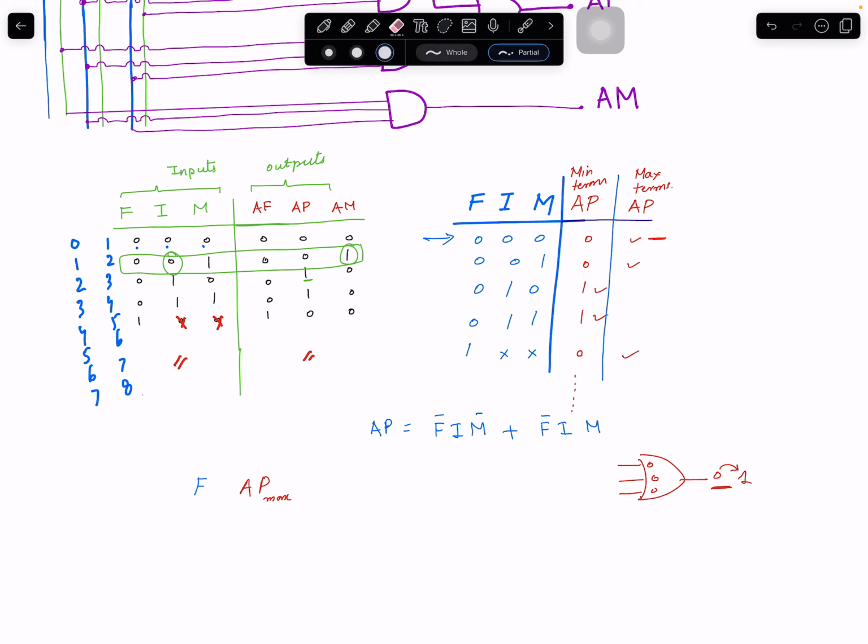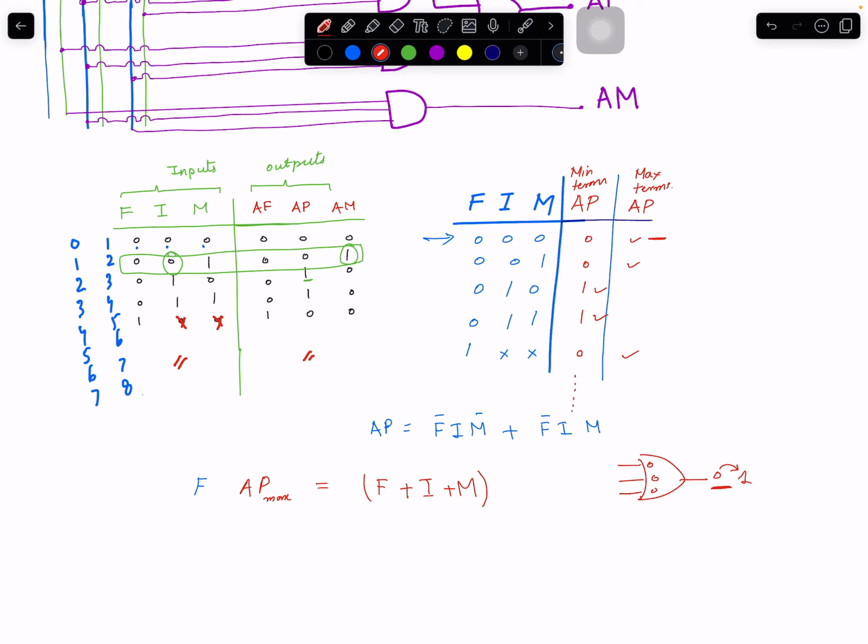So you really want to make every input 0. Okay, for this case, how do we make output 0? F, I, M, they all come as is. So you do this. Again, it's OR. You're ANDing because you want to make sure that the output is 0.